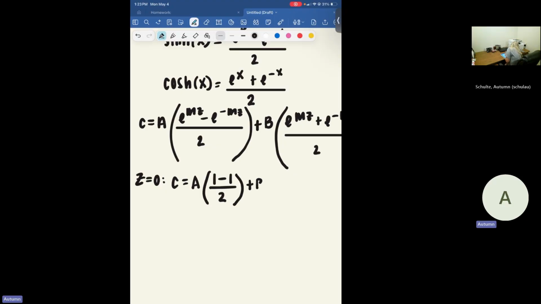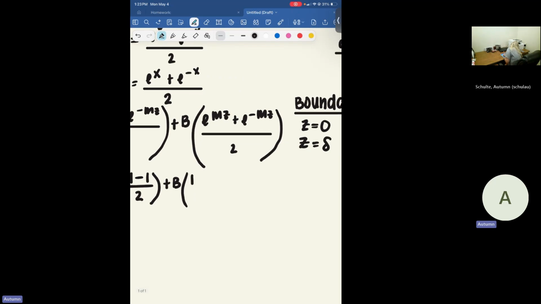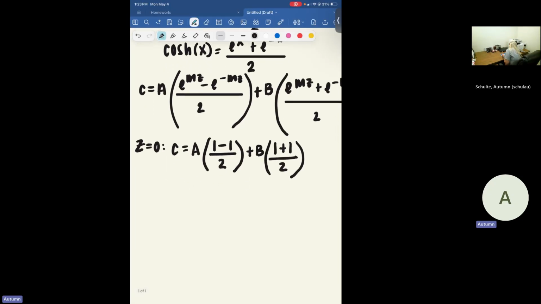And then this is plus our constant B multiplied by 1 plus 1 over 2. Now, if we solve this out, we can see that at z is equal to 0, C is equal to B.